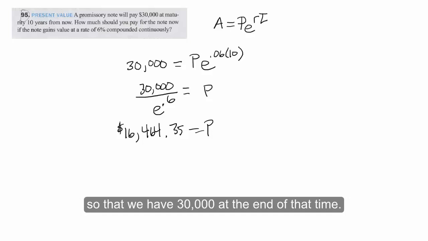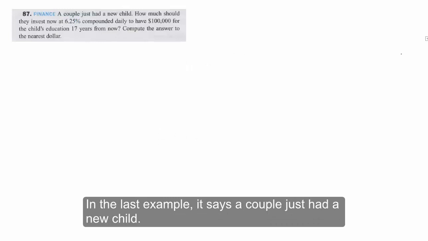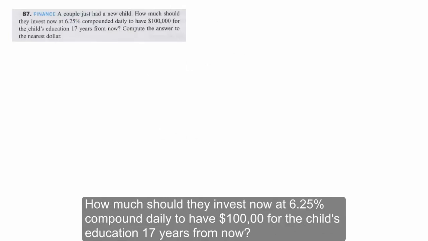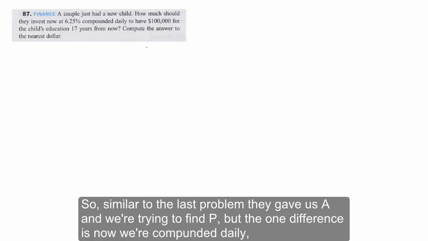In the last example, it says a couple just had a new child. How much should they invest now at 6.25% compounded daily to have 100,000 for the child's education 17 years from now? Compute the answer to the nearest dollar. So similar to the last problem, they gave us A and we're trying to find P, but the one difference is now we're compounded daily.